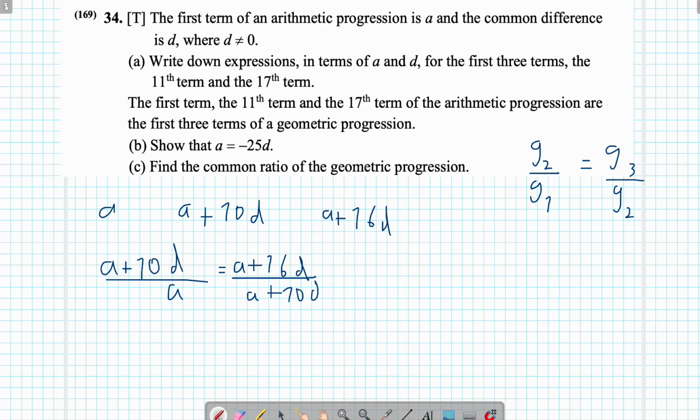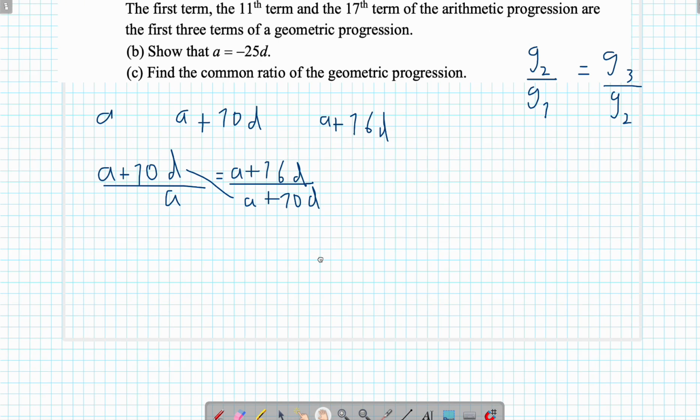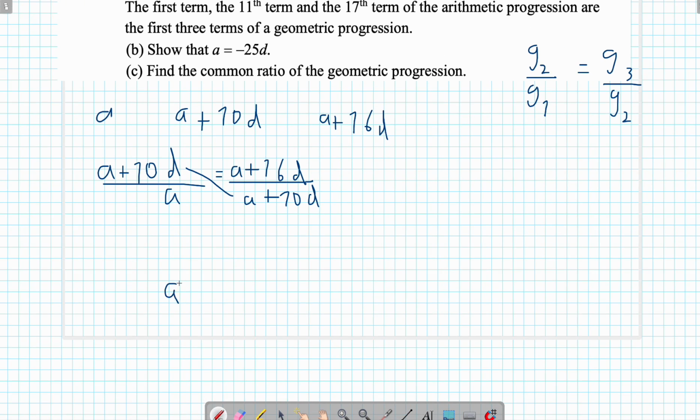You cross multiply, you get a plus 10d squared. So I'll just simplify it. A squared plus 20ad plus 100d squared is equal to, if you distribute a into a plus 16d, a squared plus 16ad. The a squareds will cancel.